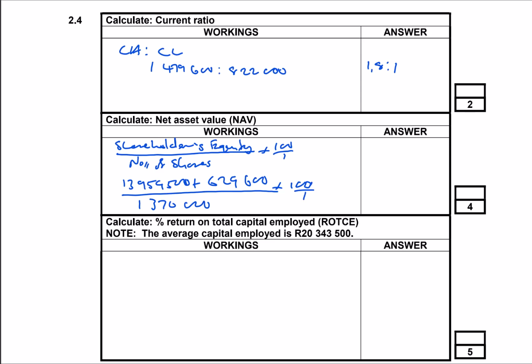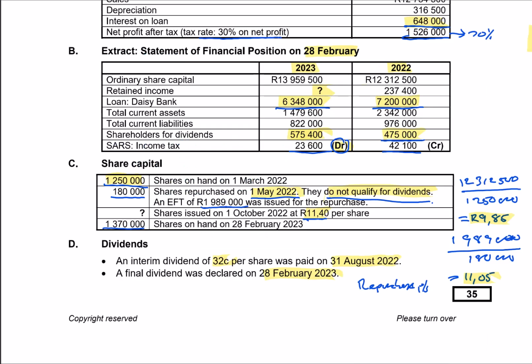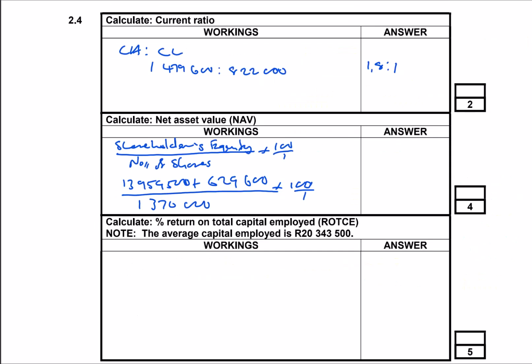These shares, we have looked at them. It's this balance here, that's the closing balance. Calculating that's 13,959,500 plus 629,600, divided by 1,370,000, then times 100.